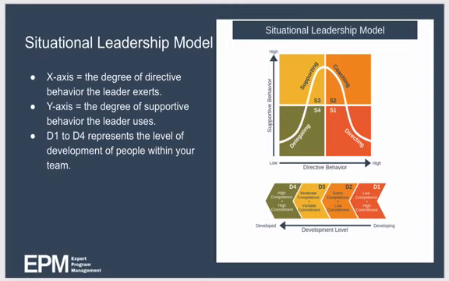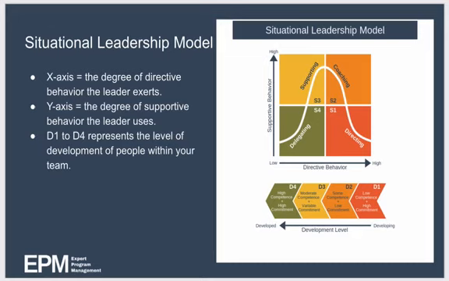Now, in the model, the x-axis indicates the degree of directive behavior that the leader exerts, and that is the amount of direction that they give their team. The higher the direction, the less able the team is to make decisions for themselves. And the y-axis indicates the degree of supportive behavior the leader uses, and that is the amount of support they give their team.